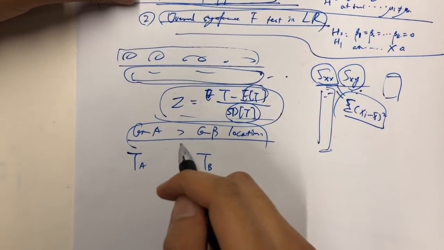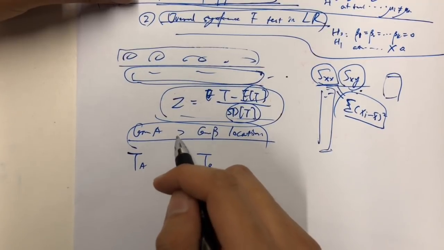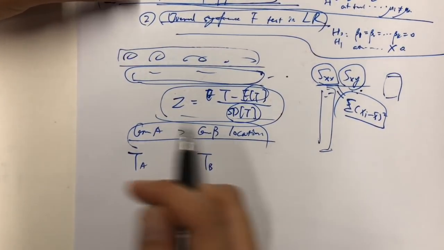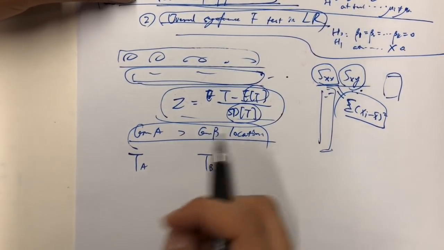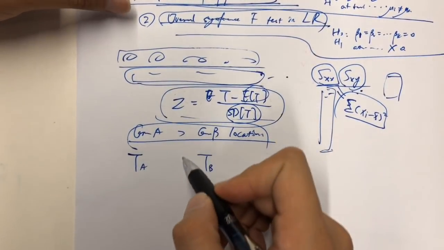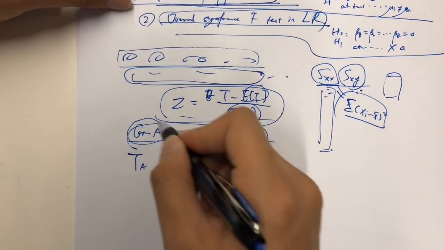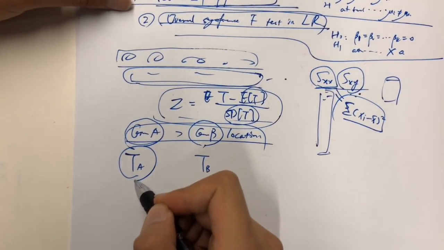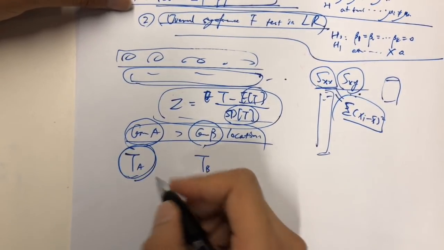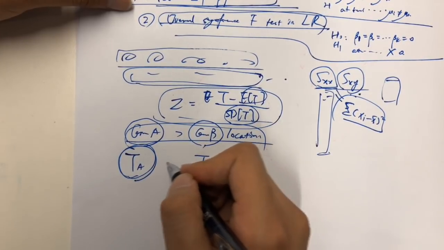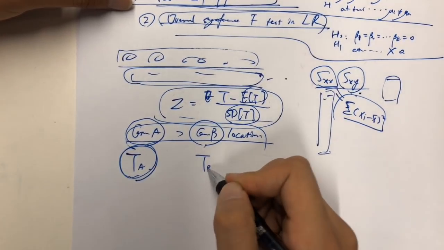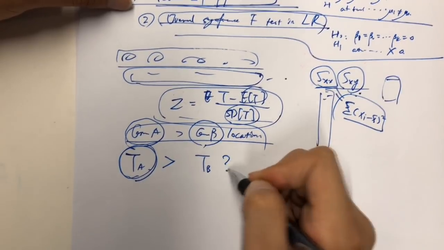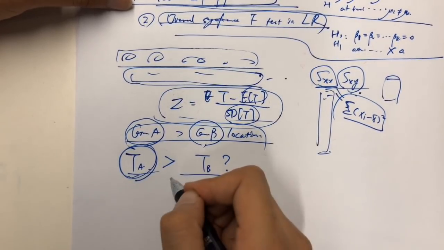Actually, right and left is all about whom you put first. If you want to say this one is greater than that one, then you use TA, because you are expecting TA greater than TB. So you just want to see whether TA is significantly larger than TB.